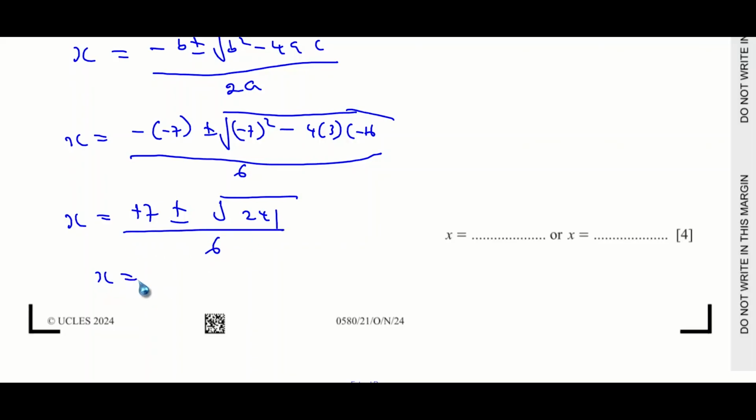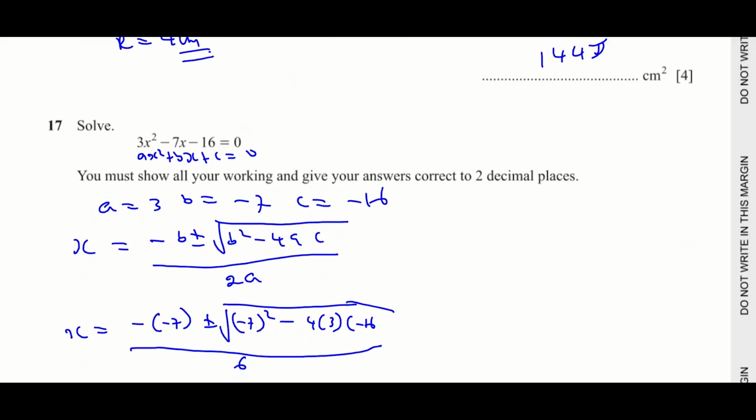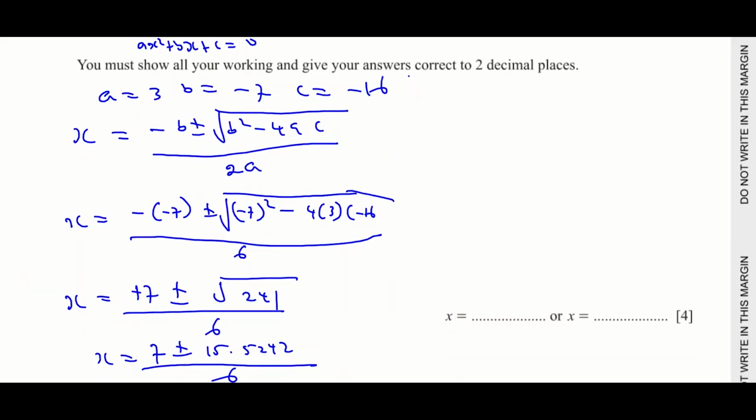Then x should be equal to 7 plus or minus square root of 241, which is 15.5242, over 6. Okay, then I think I can divide this by 2.